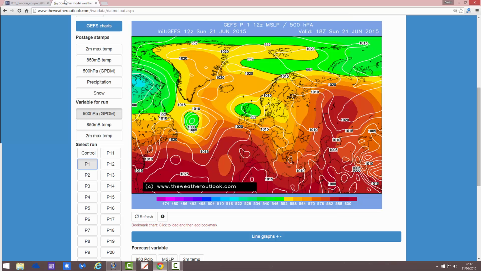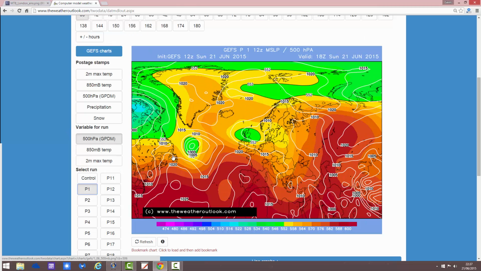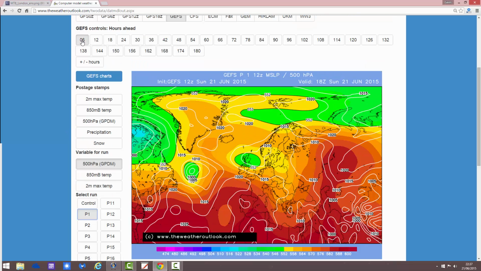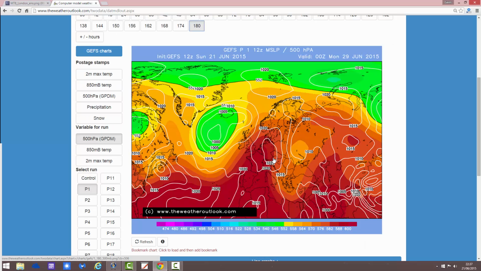But we can go through and see how perturbation number 1 develops as we go through the ensemble. So we start off at just 6 hours ahead. We can go through to 180 hours ahead with perturbation number 1, with ensemble member number 1.